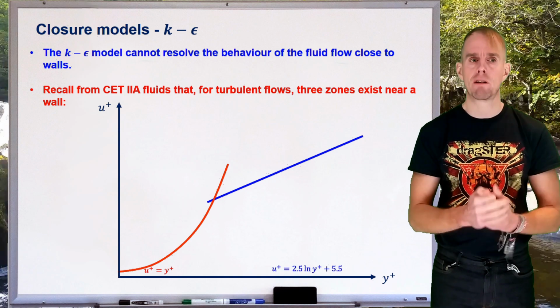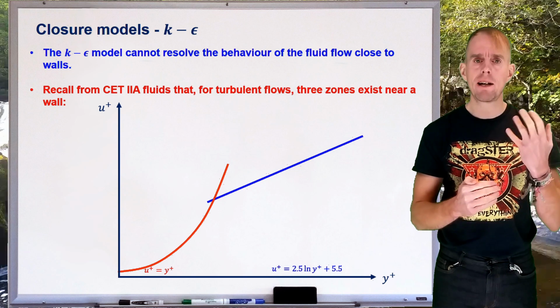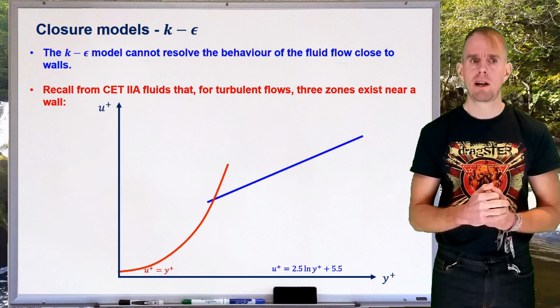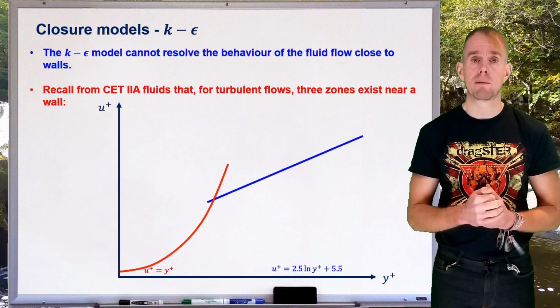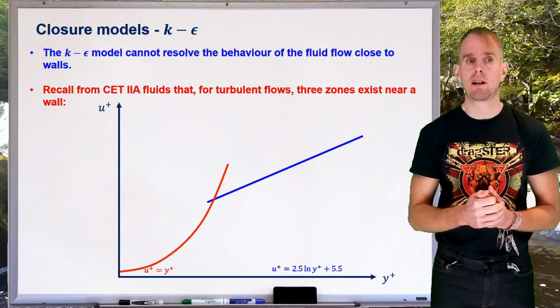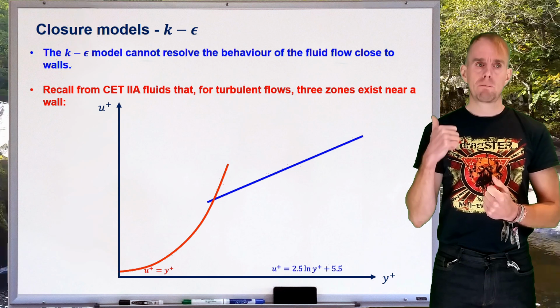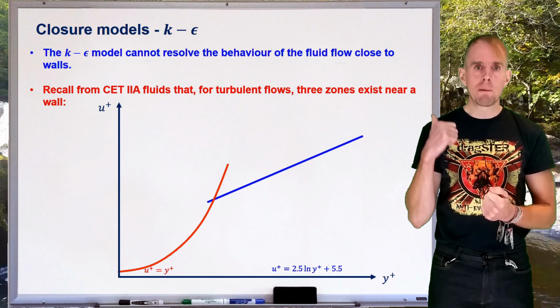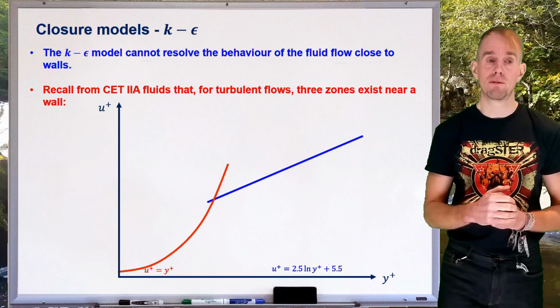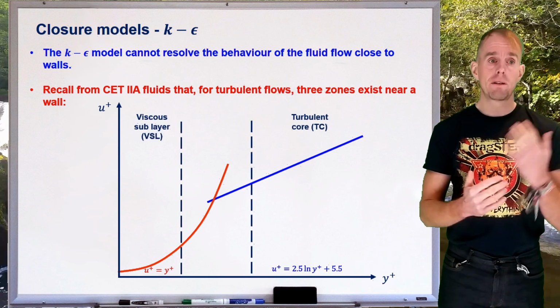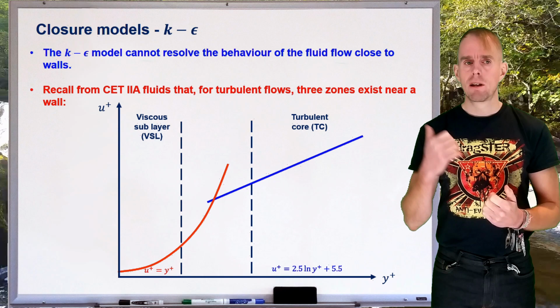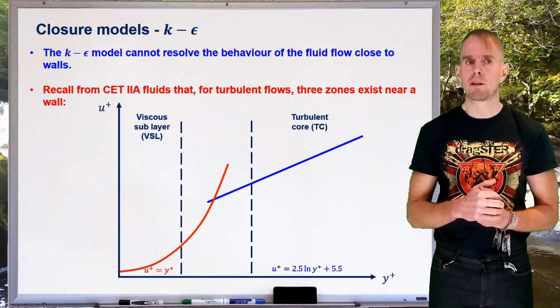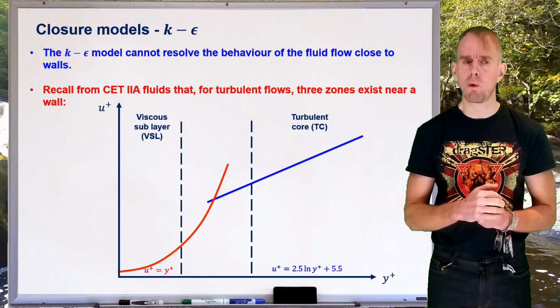We find a logarithmic regime where the non-dimensional velocity u plus goes roughly as 2.5 log y plus 5.5. Now we can see here that there's a whopping great discontinuity between these two curves, and the u plus equals y plus regime we call the viscous sublayer. The u plus equals 2.5 log y plus 5.5 we call the turbulent core.